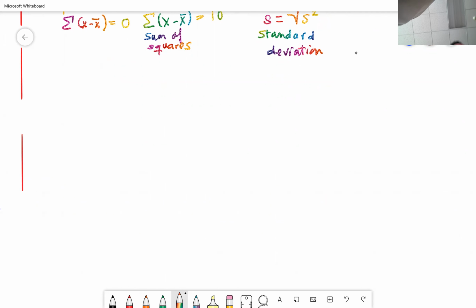It's not a long way to do it, it's a lot easier. For this sample, it's fine to do it this way, but when there's 100 numbers, finding the deviations is hard, so the shortcut is shorter.